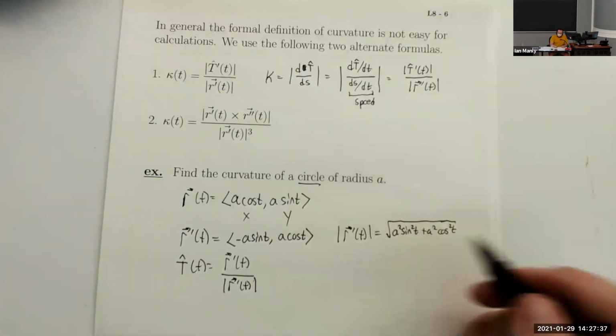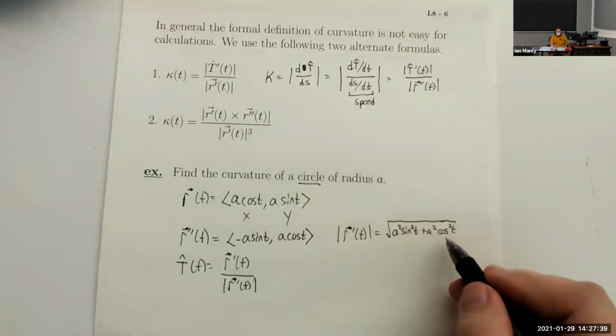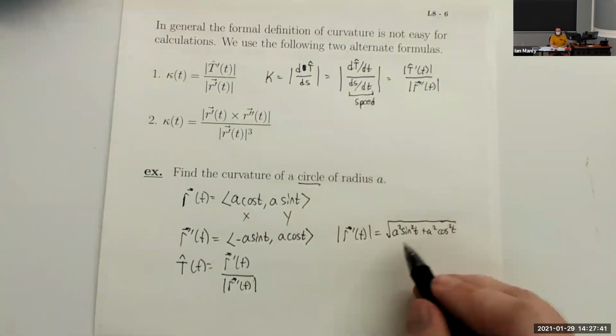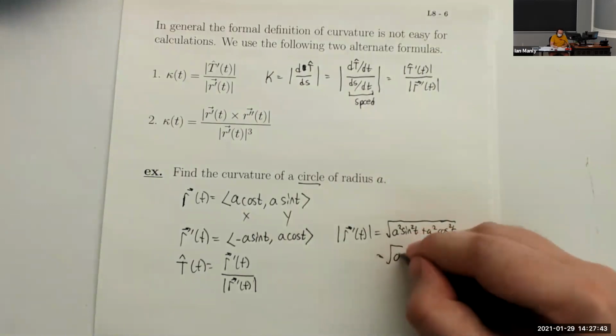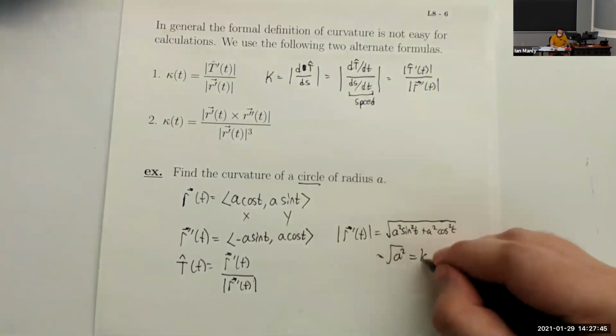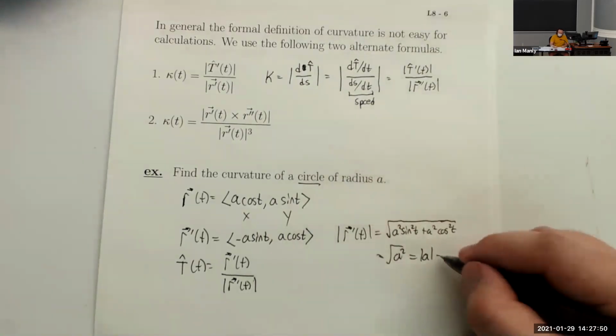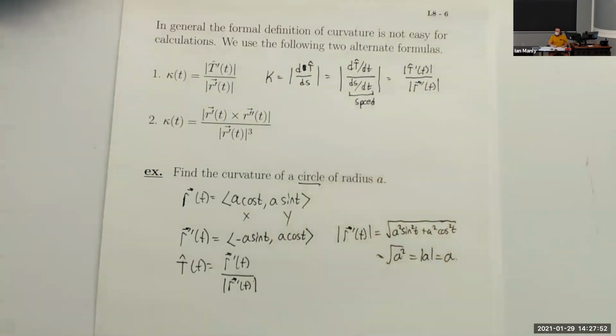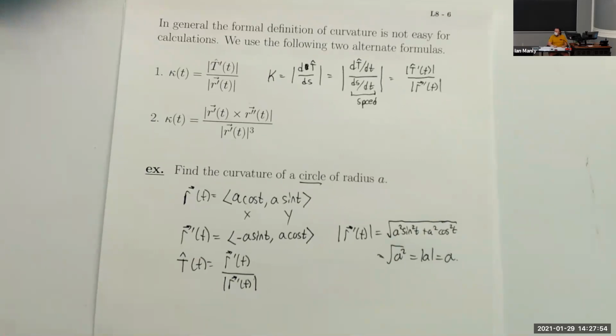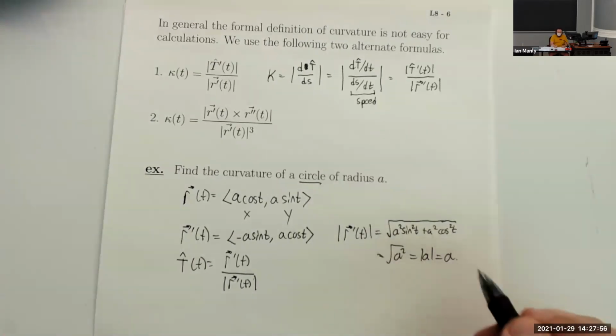This looks familiar. We have something times sine squared plus something times cosine squared, which will just be the thing in front of them both. So this is the square root of a squared, which is the absolute value of a, but since it's a radius, this is going to be positive anyway. So we end up getting a for this. Normally the magnitude would depend on t, but for this particular example, it's always going to be a, no matter what the t value is.